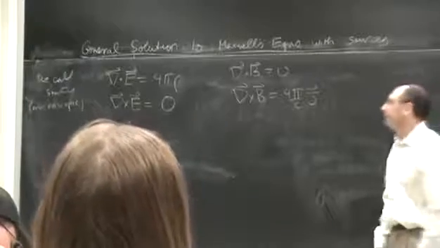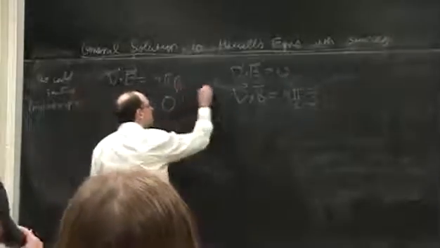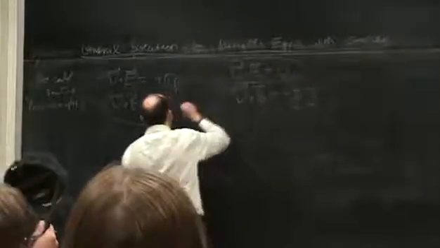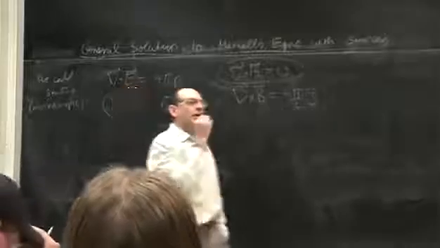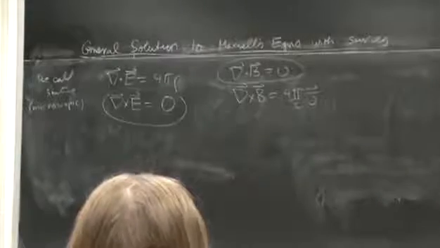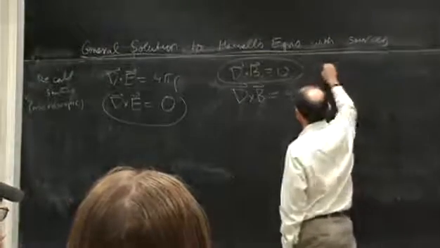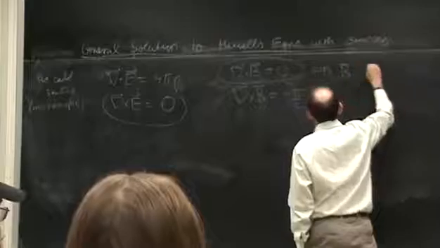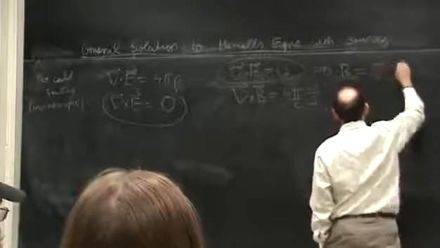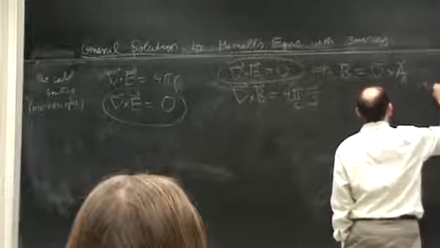Well, the way we did it is the equations that don't involve the sources allowed us to transform the fields into potentials, right? So this equation told us that B itself must be the curl of another vector field that we call the vector potential.